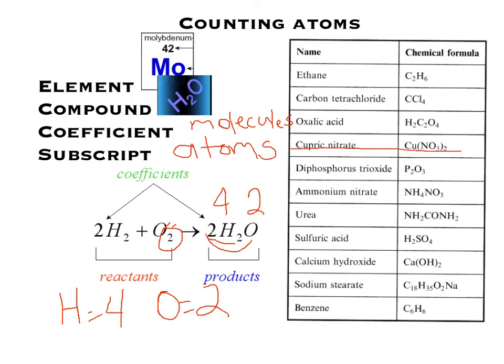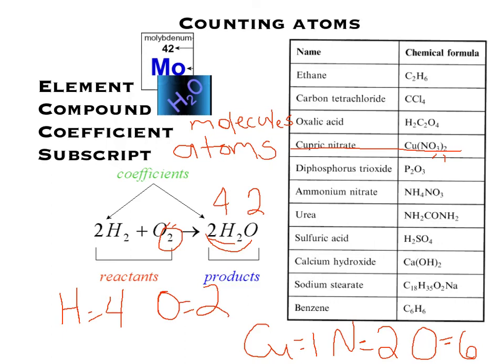Cupric nitrate would have copper, which is a 1 because there's no number next to the copper, nitrogen, which is a 2 times 1 because there's no number next to the nitrogen, which would be 2, and oxygen would be 3 times 2, which would be 6.